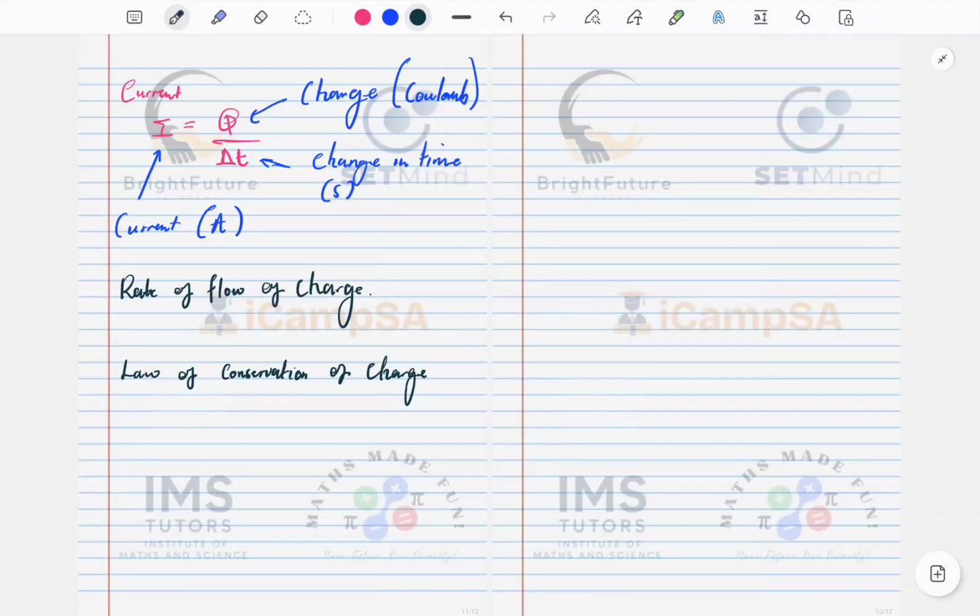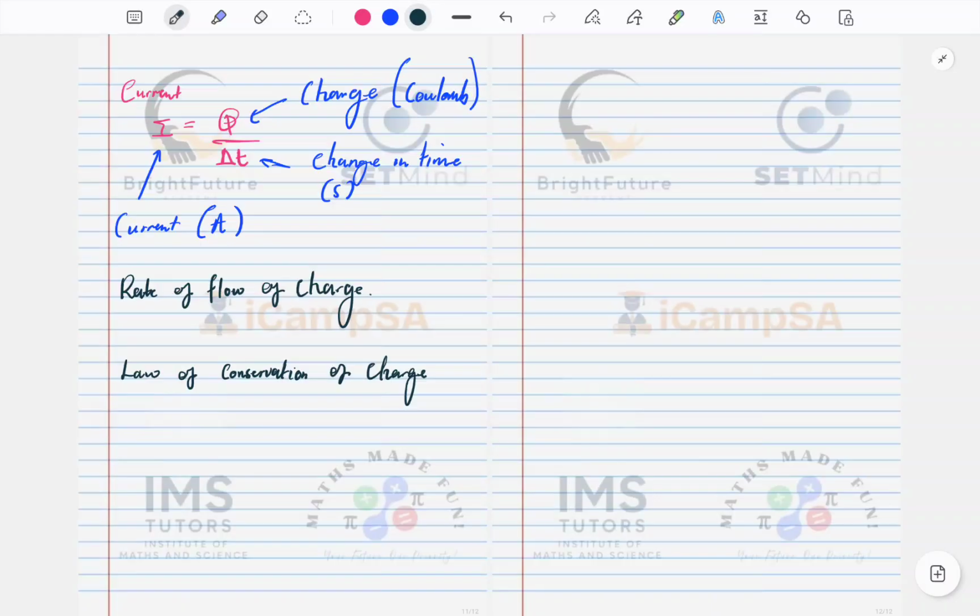We know that charges cannot be created or destroyed, but we can just transfer from one form to another. Okay, when you rub your hands together, you get heat. You have not actually created charge, you have just changed it from one form to another.